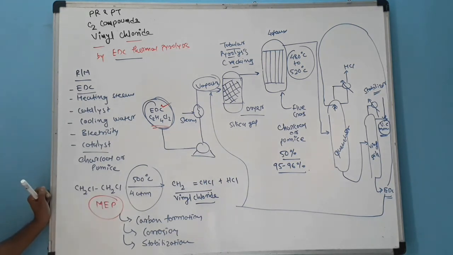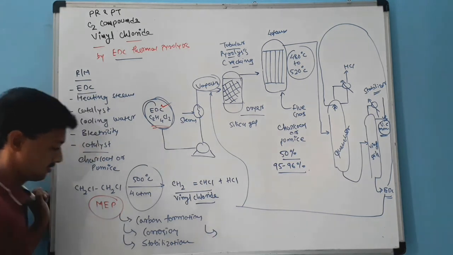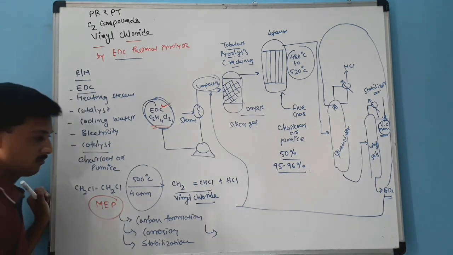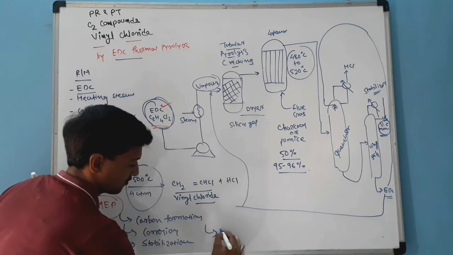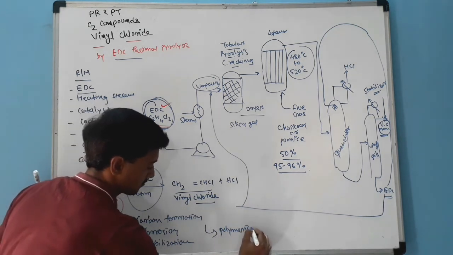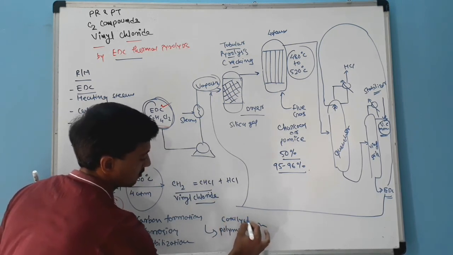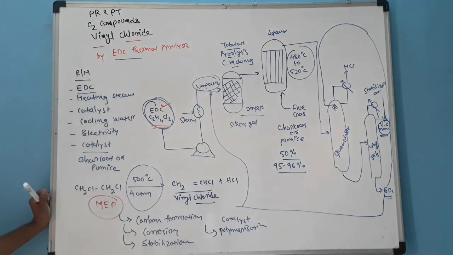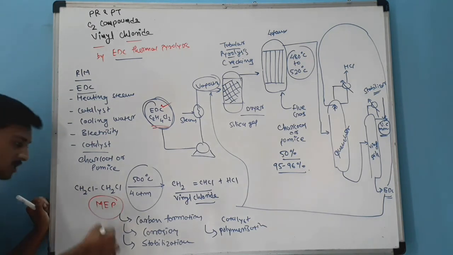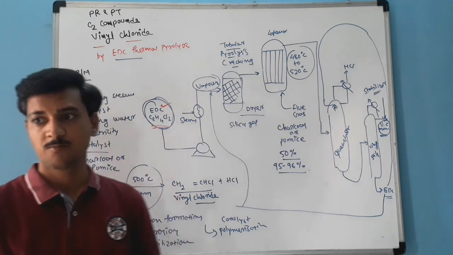And the last one is polymerization, that is due to the catalyst. These are the basic problems of this flow sheet.